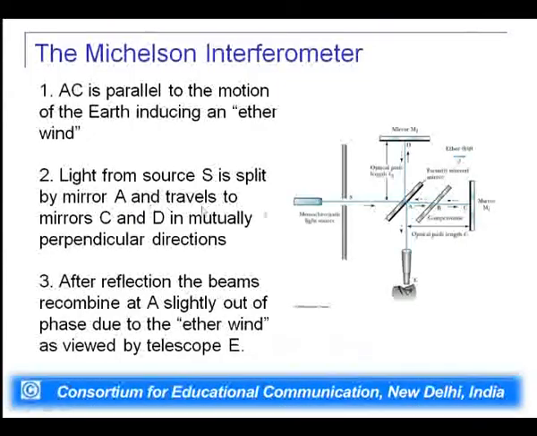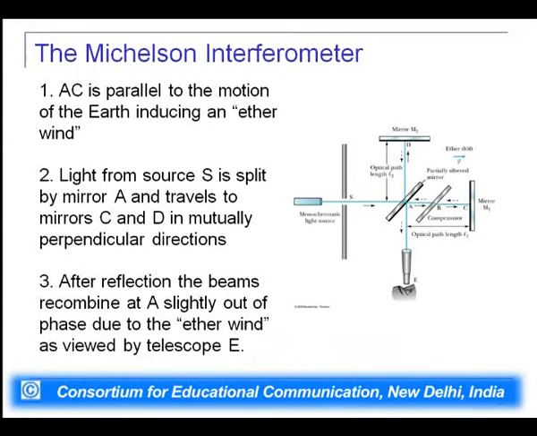Light from the source S is split by the mirror A and travels to the mirrors C and D in mutually perpendicular directions. Meaning from this glass plate which is partially silvered, one path is along D and one path is along C, which are mutually perpendicular to each other.